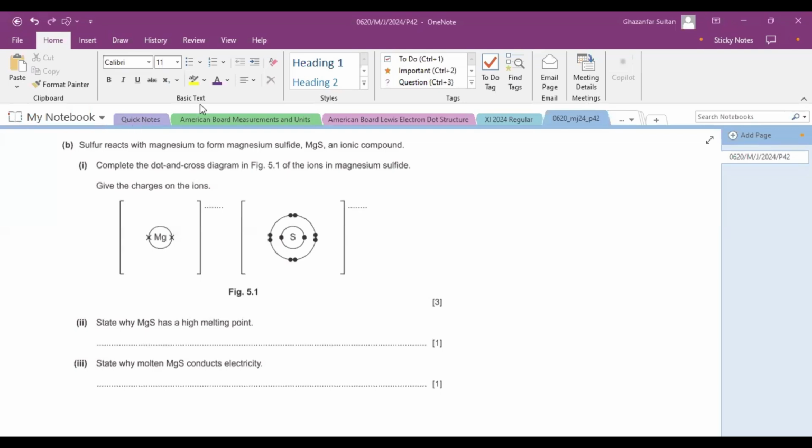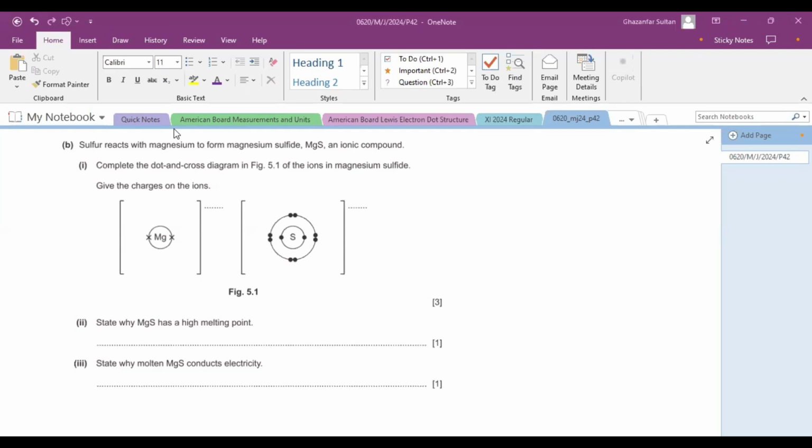This is the question 5B, and here the question says sulfur reacts with magnesium to form magnesium sulfide. This is an ionic compound. Complete the dot cross diagram in figure 5.1 of the ions in magnesium sulfide.